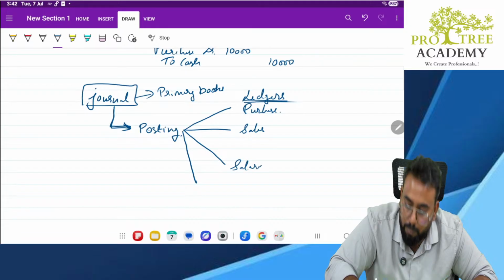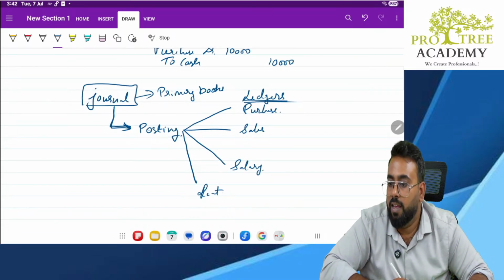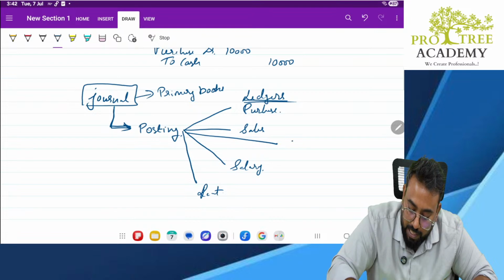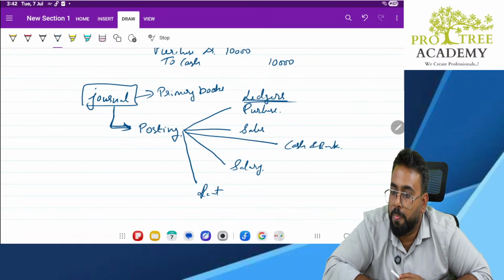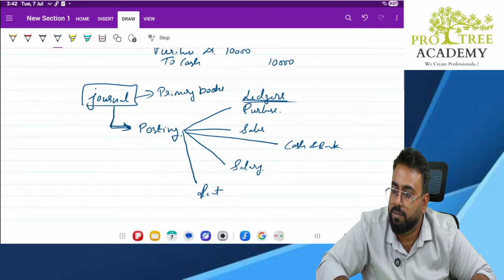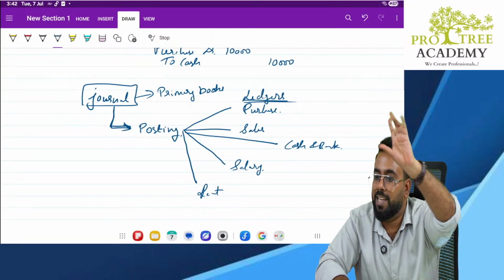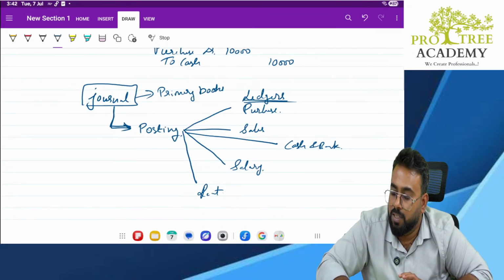Salary will be put in the salary ledger. Rent will be put in the rent ledger. Cash and bank will be put under one ledger. Understanding, everybody? Yes. So what we did: first we recorded all the transactions in the journal, then from there we posted them to books called ledgers. Clear?